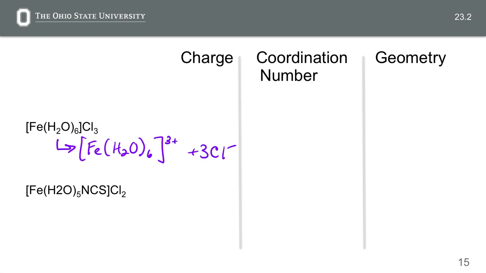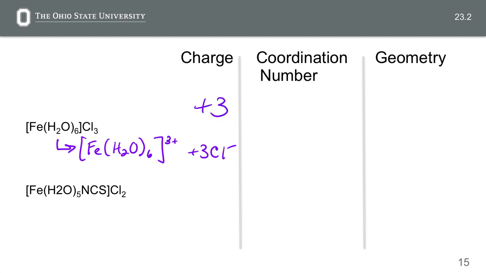Okay, which means, and so basically all I'm doing here is taking those chlorides that are outside of the bracket, separating them from the complex, noting the charge. All right, total of -3 here. That means this has to be +3. Okay, and so charge on this compound, +3.